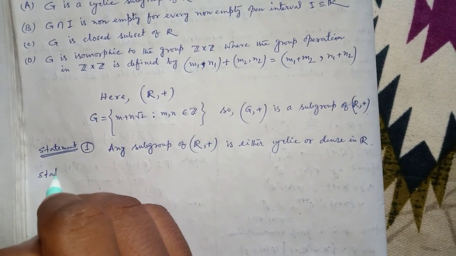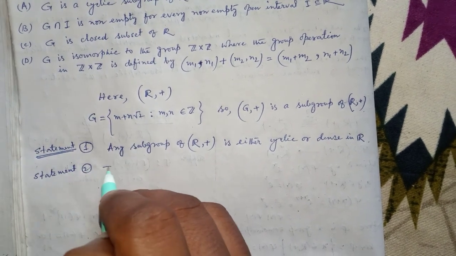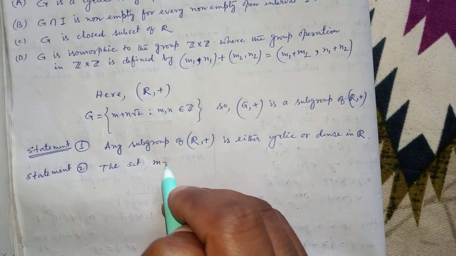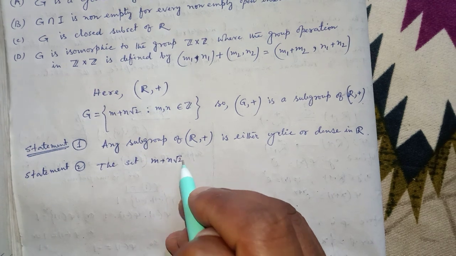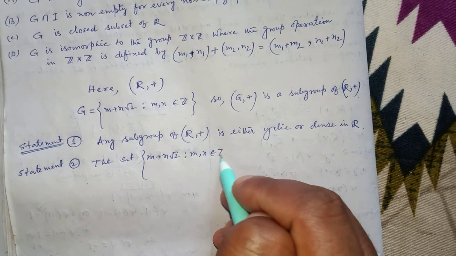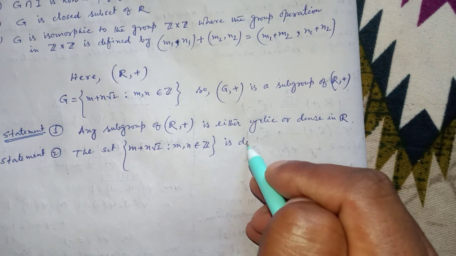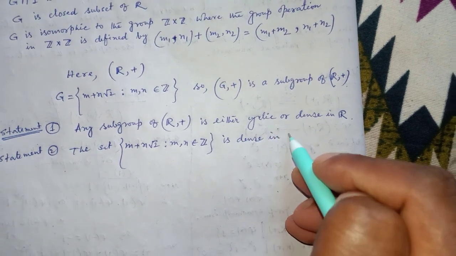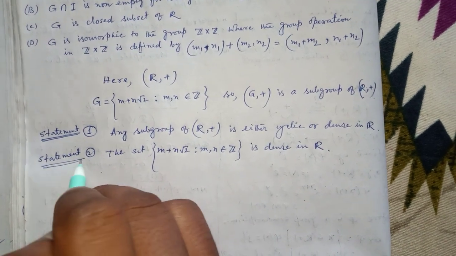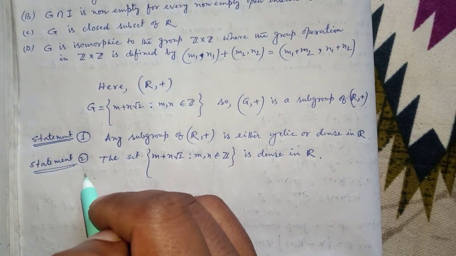And statement 2: the set {m plus n root 2 such that m, n belong to Z, the set of integers} is dense in R. Here we do not solve statement 1 and statement 2.